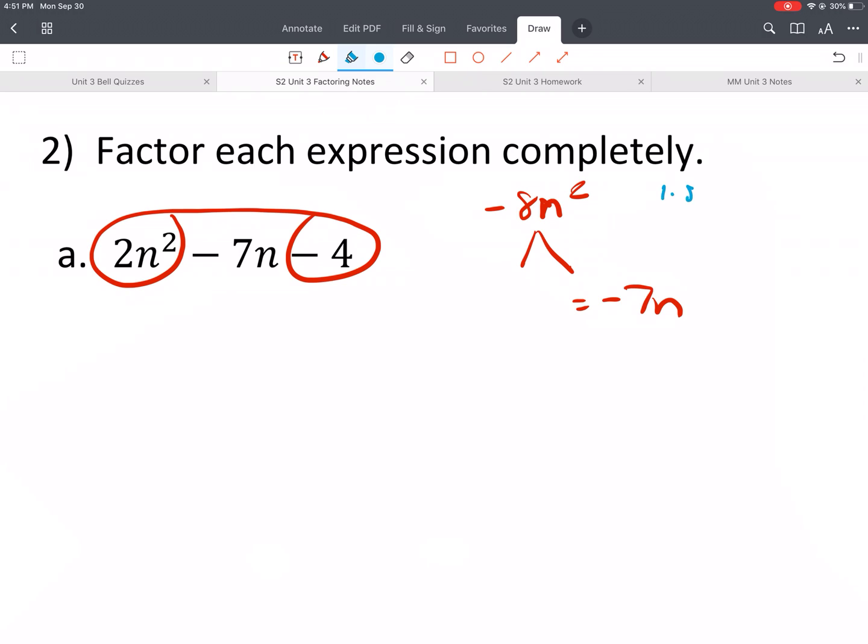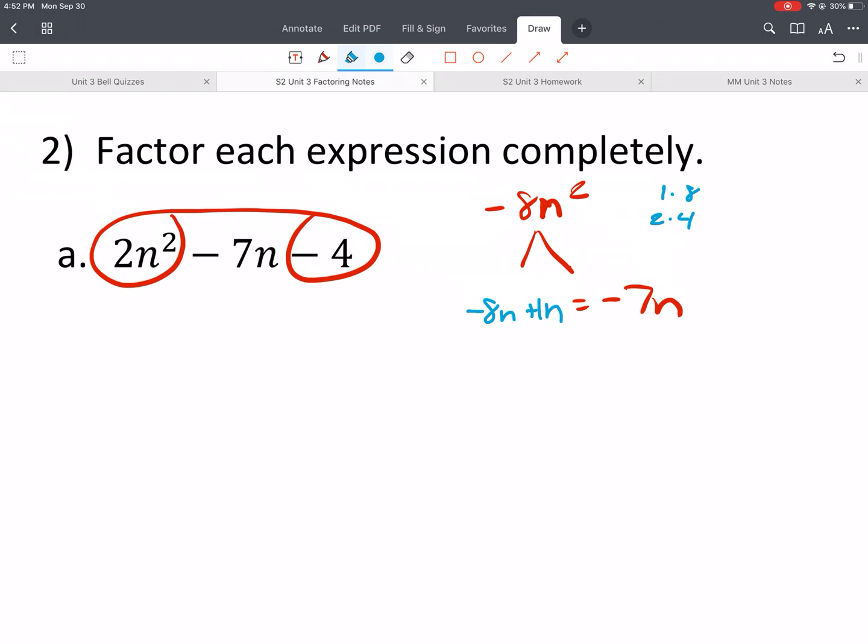We can use 1 and 8, we could use 2 and 4, and that's pretty much it. How could we possibly get up to a 7? Well, we could use a negative 8n and a positive 1n. That would give us negative 7 and multiplies to give us negative 8.